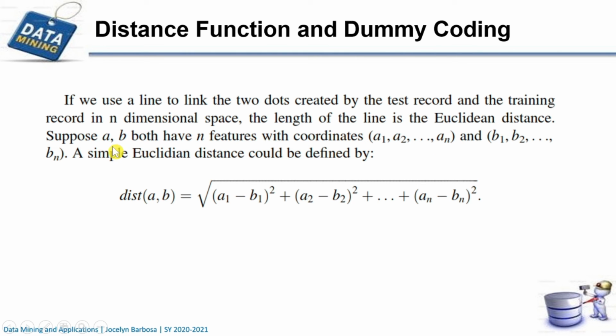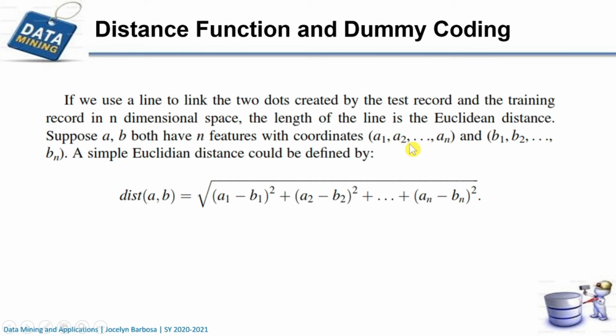Suppose that we have A and B, both having n features. For example, as we have seen earlier, we only have two features represented in the x and y axis. If you remember our previous demo, we have the petal length and the petal width with coordinates, for example, A1 and A2.